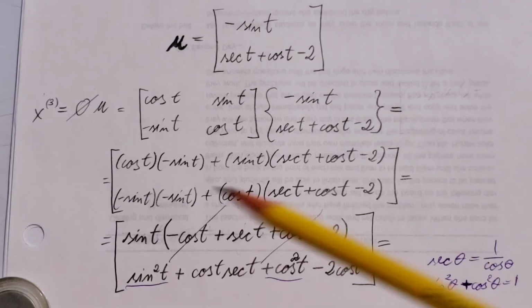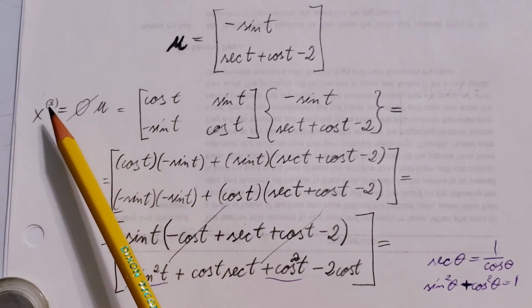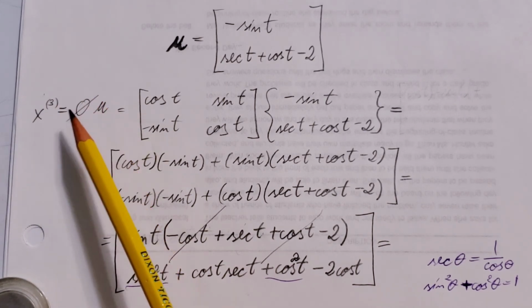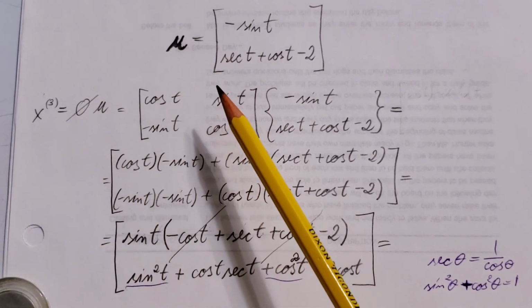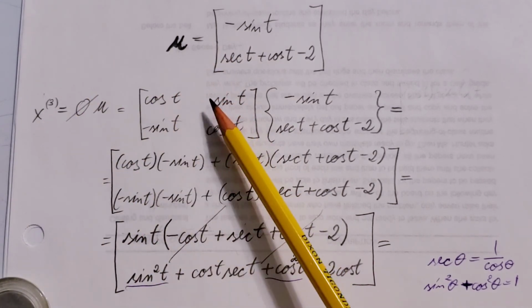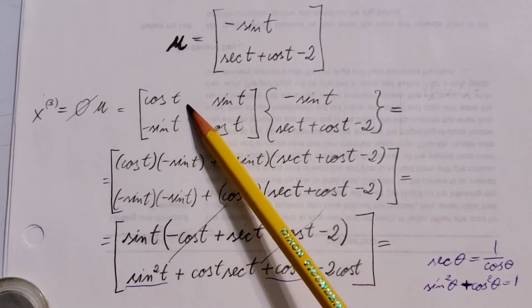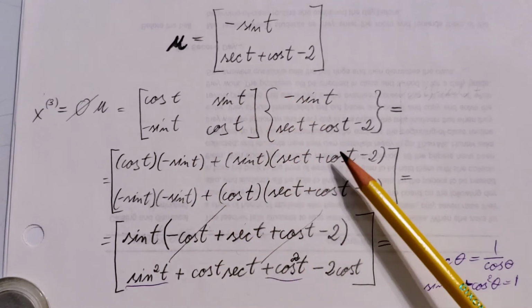Now let's write up our solution for the particular part of the problem, which will be the matrix phi times the u that we have found right here. That's what you can see here. Matrix phi plugged in, matrix u plugged in. Now we're going to multiply this out and do a lot of simplifications.